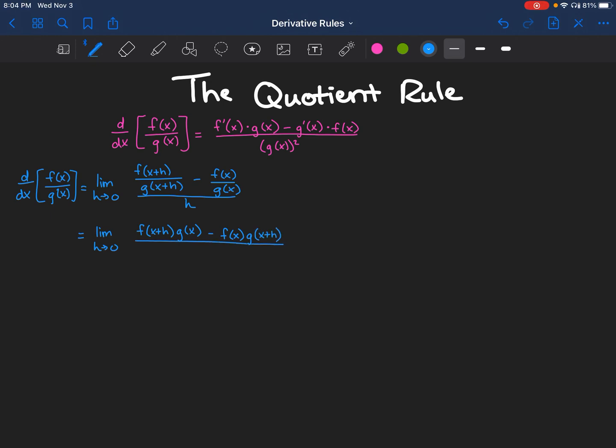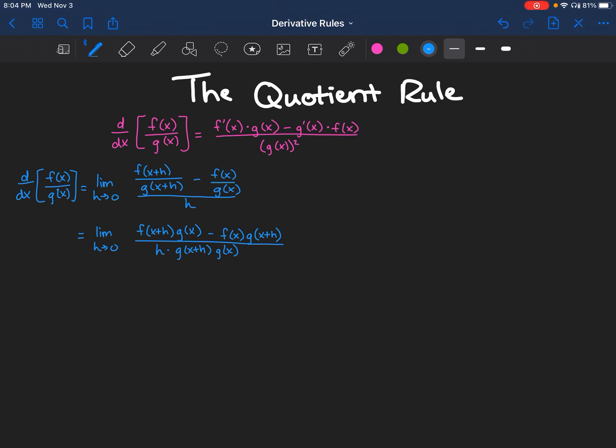My whole denominator is going to be that g of x plus h times g of x. So notice again, this first fraction got the g of x both times, and this other fraction got g of x plus h top and bottom both times. And then this is all divided by h, or I could actually just move the h up into that other denominator and put it right there.